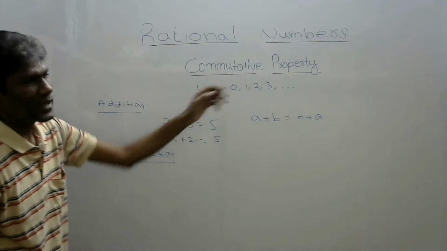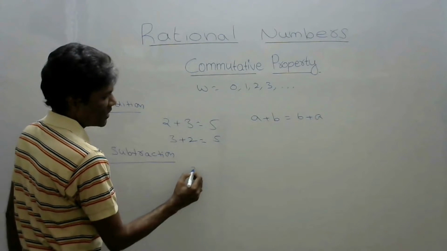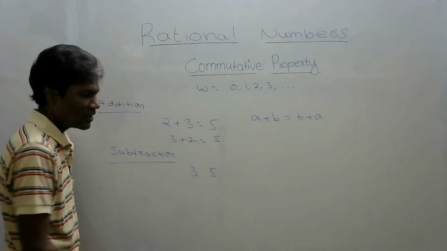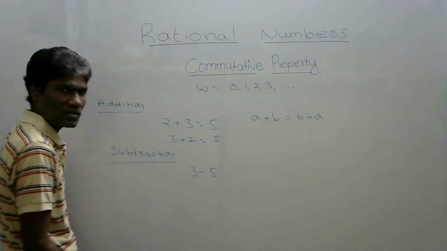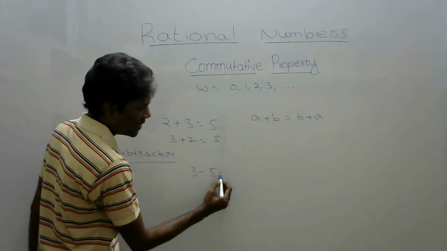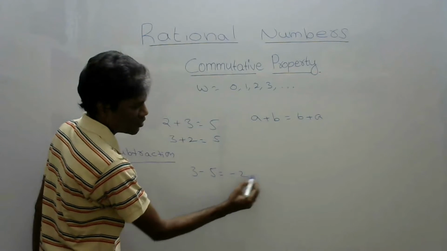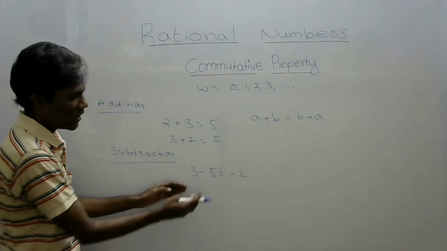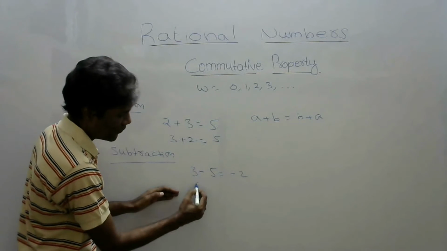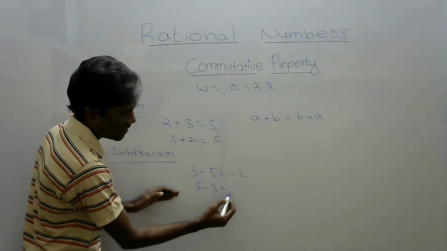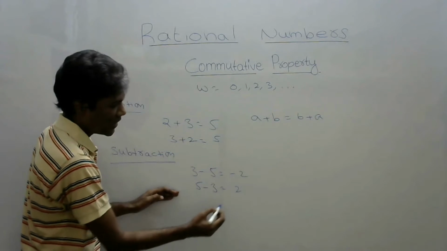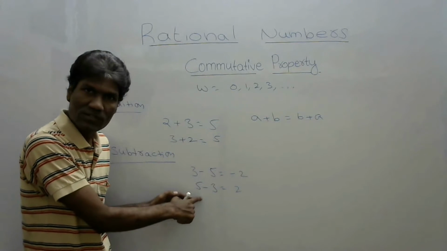Now, take any two numbers, 3 and 5. Let us do subtraction. What is the value of 3 minus 5? It is minus 2. Now, if we interchange, 5 minus 3, it is 2. Is 3 minus 5 equal to 5 minus 3?